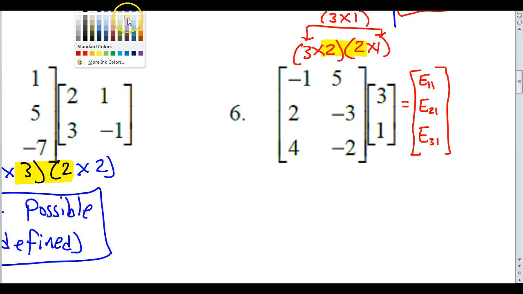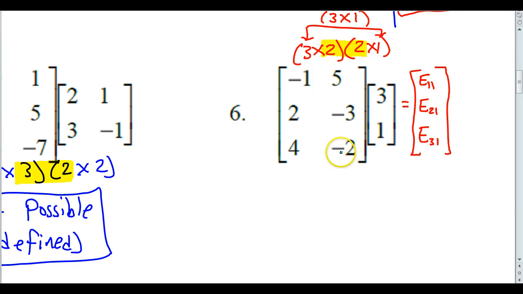Back from lunch. Where was I? Okay, so I was about to do element 1-1. So element 1-1, that's row 1, column 1. So this is row 1, and this, of course, is column 1.